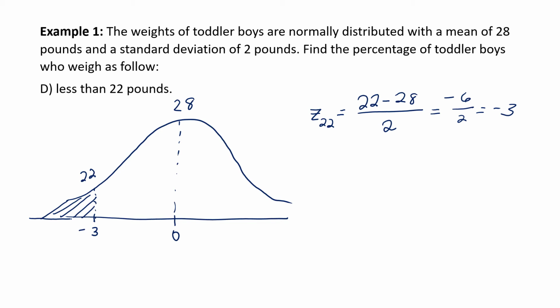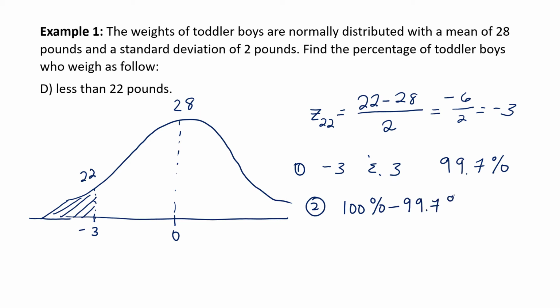There are a couple of ways in which you can solve this. What I'm going to do is use the empirical rule. The empirical rule tells us that between standard scores of -3 and 3, we have 99.7% of the total area. So if I wanted both ends, we could compute 100% minus 99.7%, which is 0.3%.